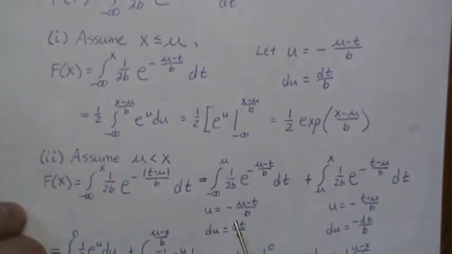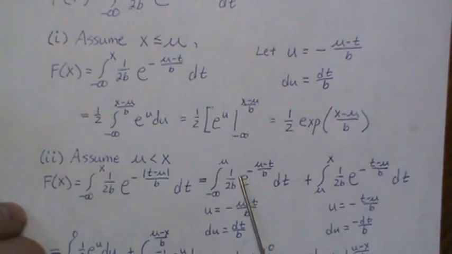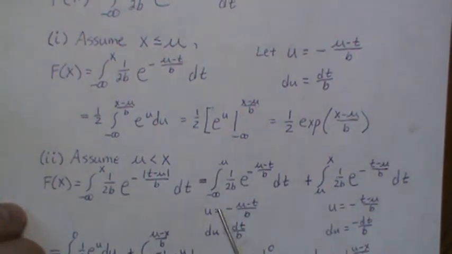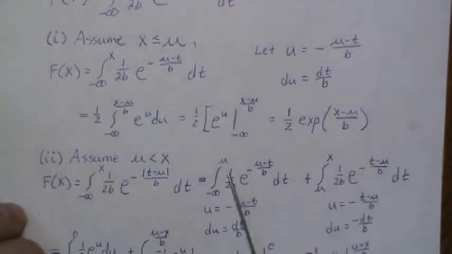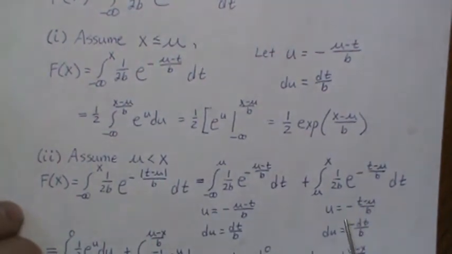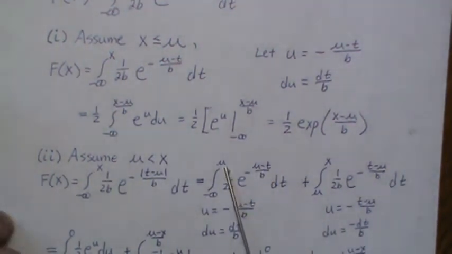So then let's do a U-substitution with this exponent right here. du is dt over b. Now this u is not the same. We're thinking about these U substitutions separately. So u over here is again this. And notice that the mu minus t and the t minus mu switched. That's because whether we're above or below mu makes a difference.